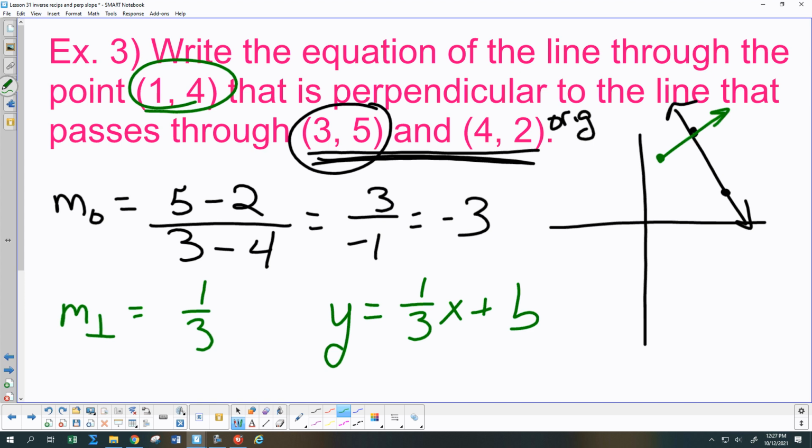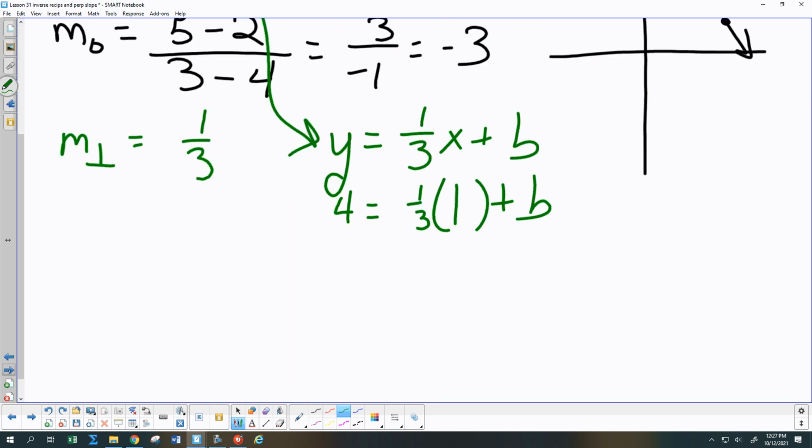The only one that I know is on the green line is this. The green line has to go through 1, 4. That means 1, 4 has to make this true. So we put a 1 in for the x, a 4 in for the y. And that means that b is 4 minus 1/3, so 3 and 1/3, or 11/3 for b.